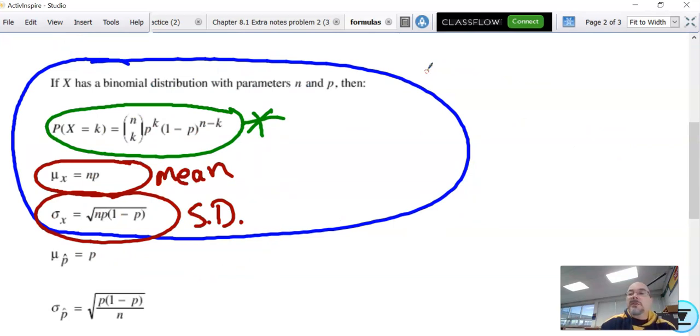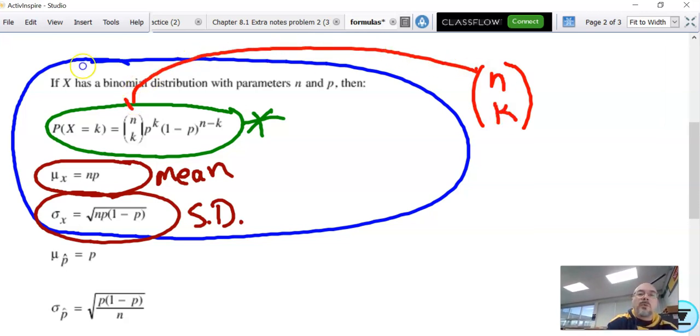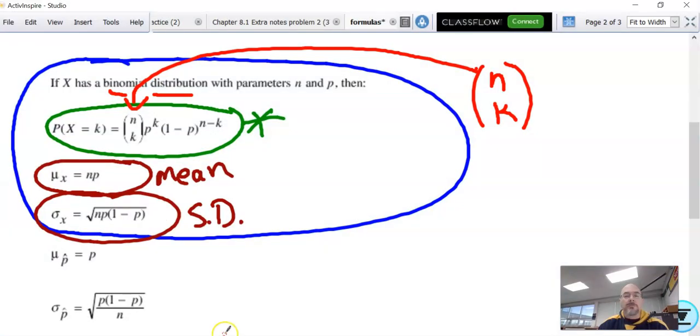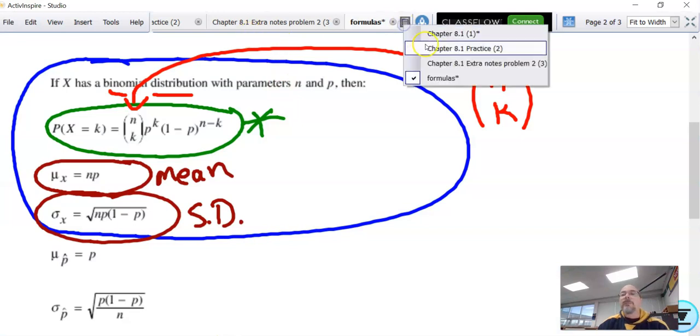It's this part right here. That's that notation, and you can see this is binomial distribution. That's the notation for the combination. N is the fixed number of trials. K is representing the number of successes. Okay, but now how are we going to find this probability?